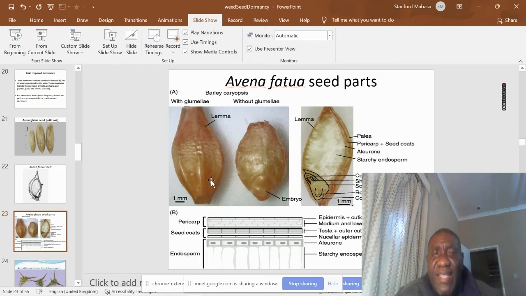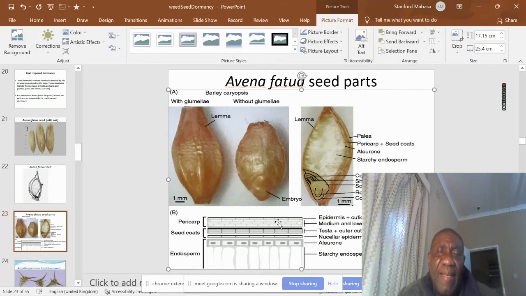What I want to emphasize is that it may be difficult for water to go through the seed coat. If you look at the structure, where you have the pericarp, seed coat, then endosperm, this barrier is very difficult to break. So it's quite waterproof, and it may not allow gases to enter. So this may cause dormancy.